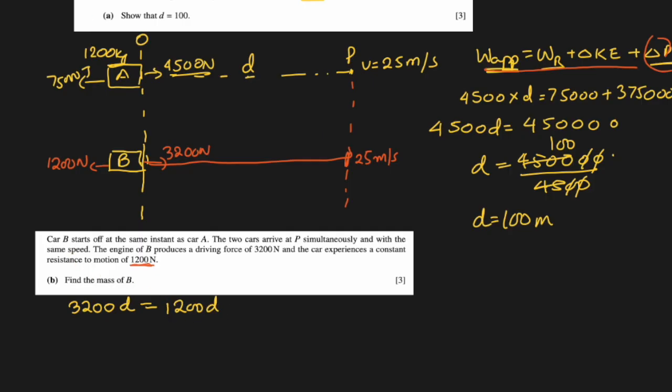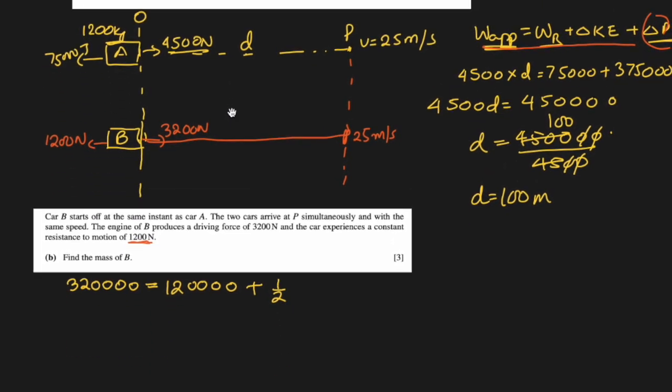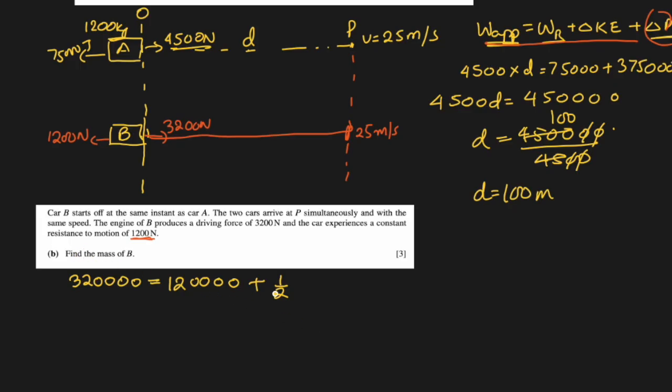We know the d now, so it will be 3200 multiplied by 100, equal to 1200 multiplied by 100, plus the change in kinetic energy will be a little different. Why? Because the mass is different, right? Mass of this particular car B is not given, and they are asking it here. So mass.